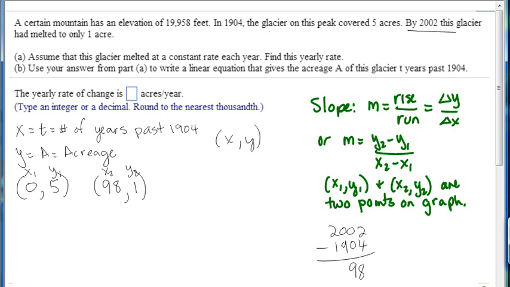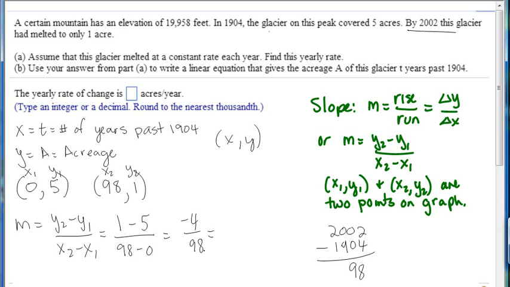So let's write down the formula again. Plugging in these numbers, we get y2, which is 1, minus y1, which is 5, over x2, which is 98, minus x1, which is 0. So we get negative 4 over 98. That is the answer, but if you look at the directions in parentheses, it asks you to round to the nearest thousandth.